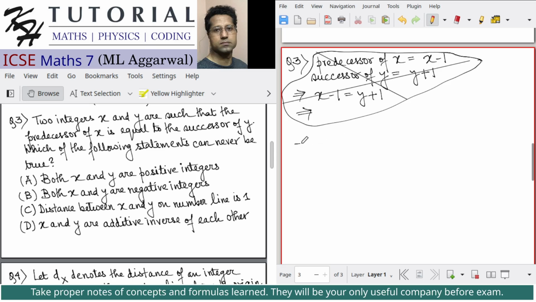Let's try to understand the position of the integers x and y. So we have the number line. Let's say somewhere here is the point marked by the letter x, so that its value is the integer x. It is given that the predecessor of x, let's say we have the integer markings like this.